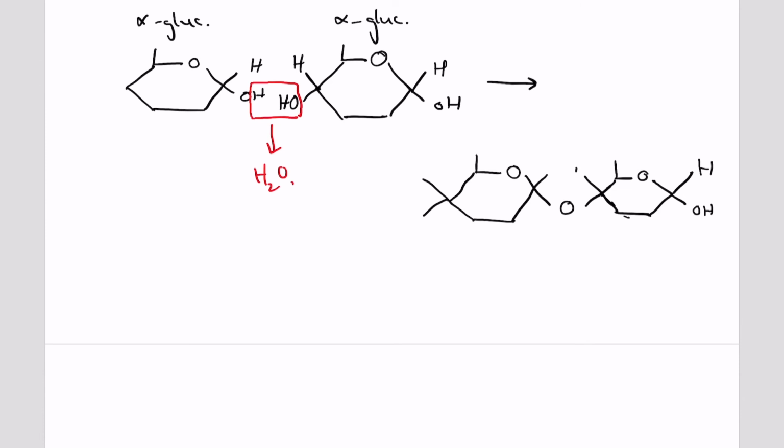And you can see that what's happened is this kind of oxygen bridge has formed which connects the two molecules together, and this is what we call our glycosidic bond.